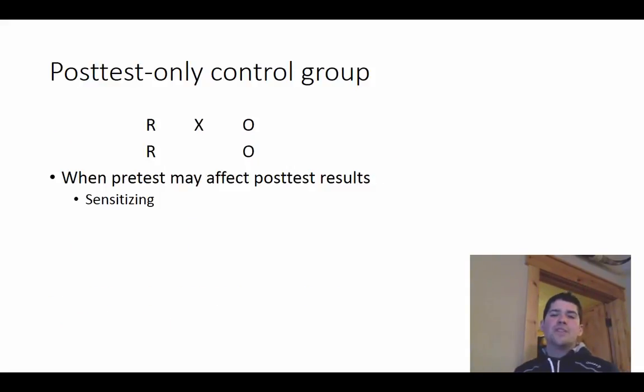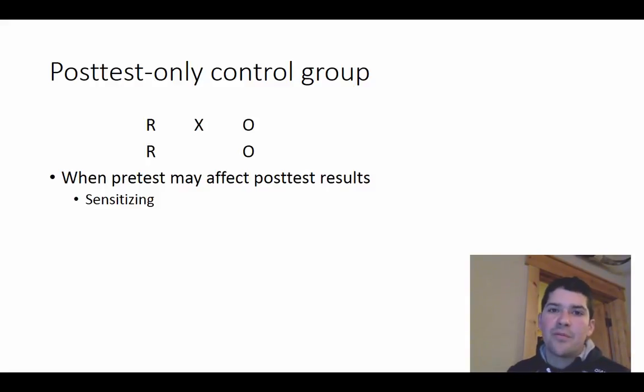So then there's the post-test only control group. Now, what you see here is you have your randomization, but then you don't have that first observation like we saw in the last one. Oftentimes we will use this type of design when we're worried that an observation will actually alter a person's behavior.